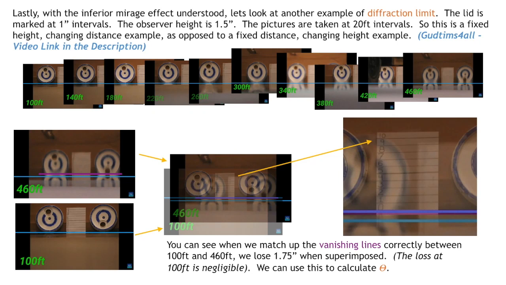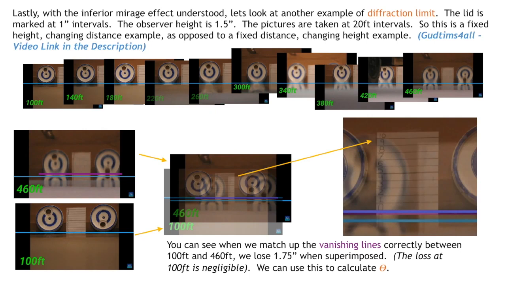And so if you overlap the two with the scaled paper of 1-inch intervals in between them and mark out the horizon line as the point of the inferior mirage effect, then you can see that you have lost approximately 1.75 inches at 465 feet.